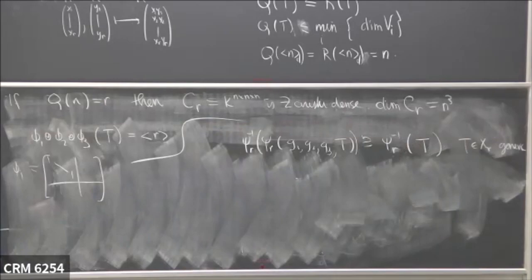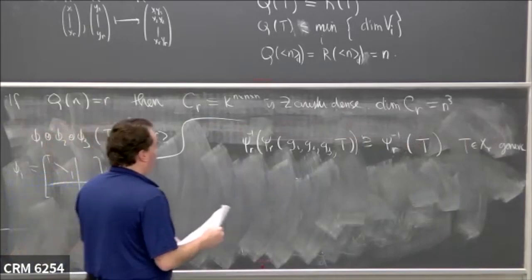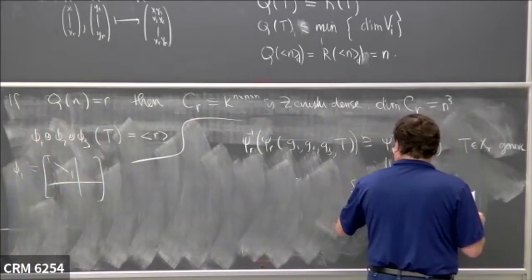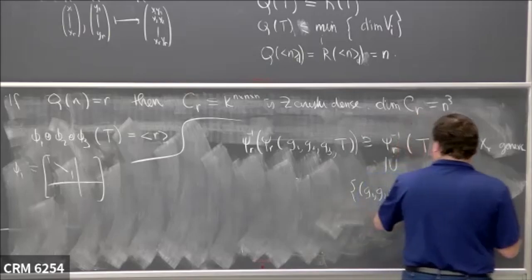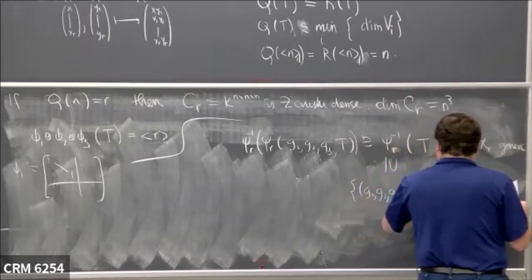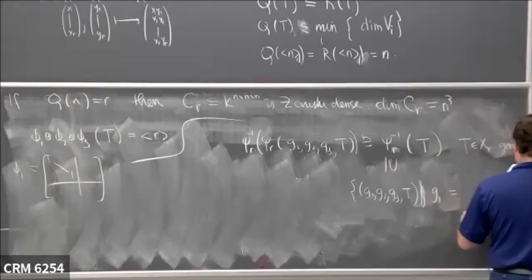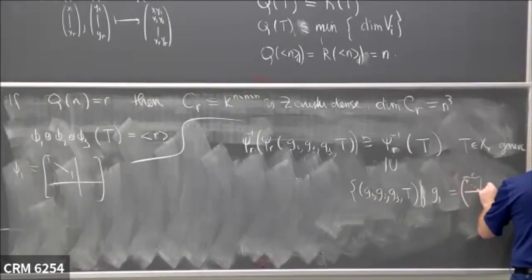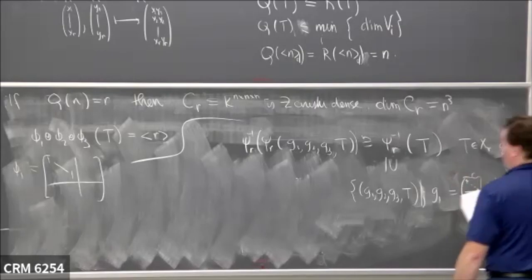Now, in particular, this contains the set of all, say, (g1, g2, g3, T) where g_R has some entries on the diagonal, the R by R diagonal, 0 here, and then arbitrary things there.